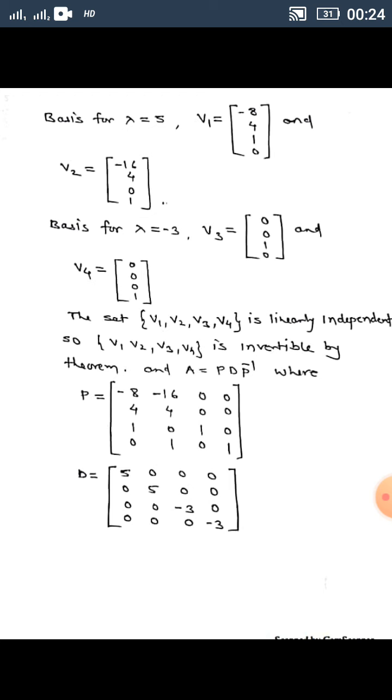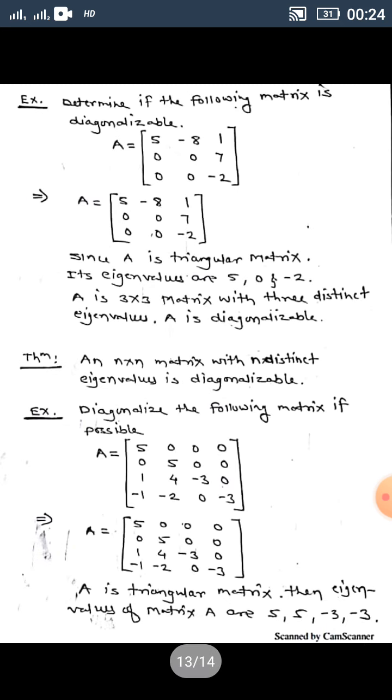So the P matrix we can write with v1 v2 v3 v4 column-wise, that is P is equal to minus 8 4 1 0, minus 16 4 0 1, 0 0 1 0, 0 0 0 1. This is the P matrix.